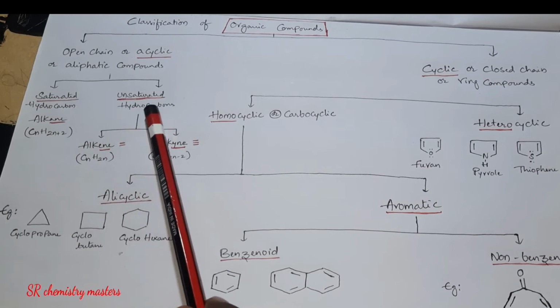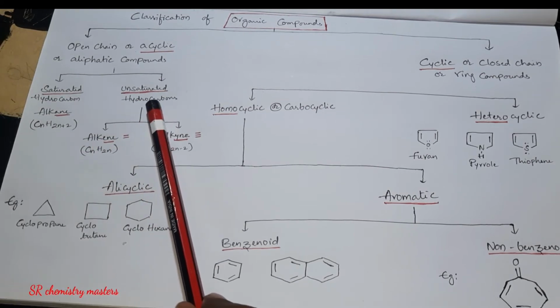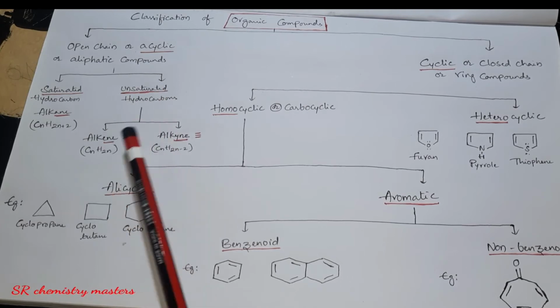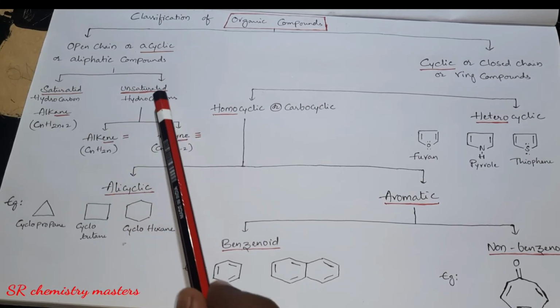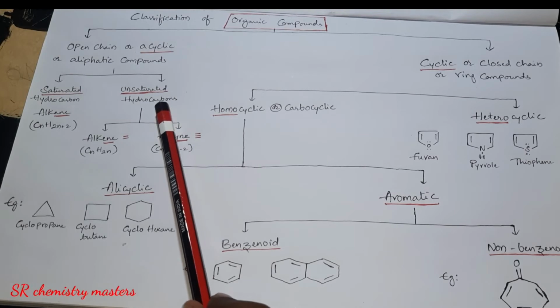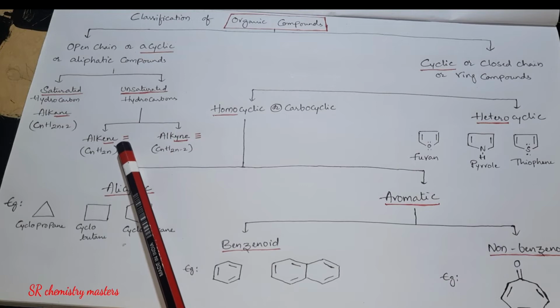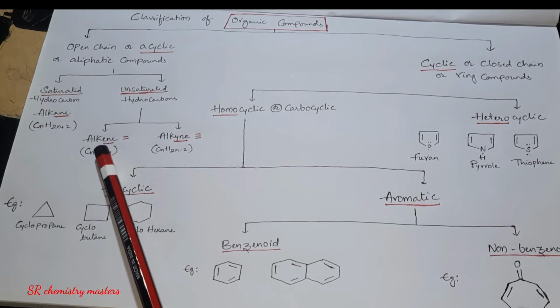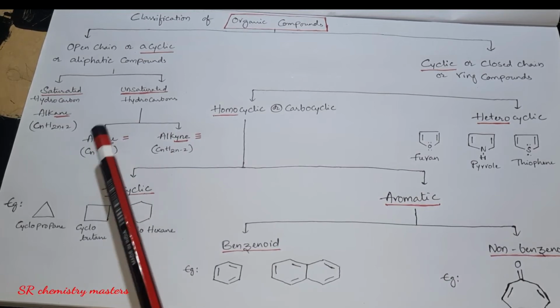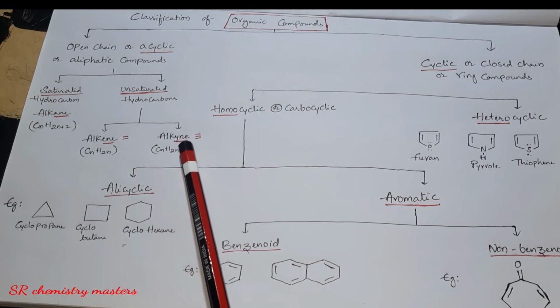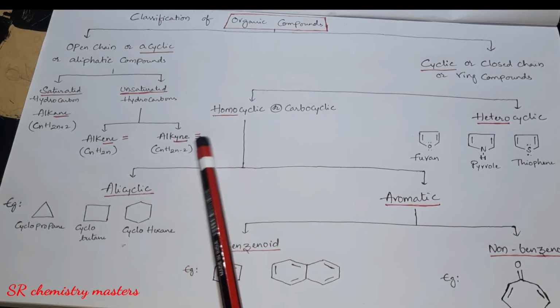If in a hydrocarbon, one of the bonds between two carbon atoms is a double bond or triple bond, it is considered an unsaturated hydrocarbon. If the bond between the two carbon atoms is a double bond, then it is considered alkene, and if the bond between any two carbon atoms is a triple bond, then it is considered alkyne.